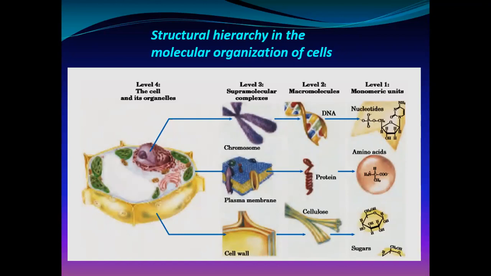The chromosome combines together with histones. The proteins associated with it are called nucleoprotein, so the nucleic acid combines together with the protein, and it forms a supramolecular complex. So an example of a supramolecular complex is the chromosome.